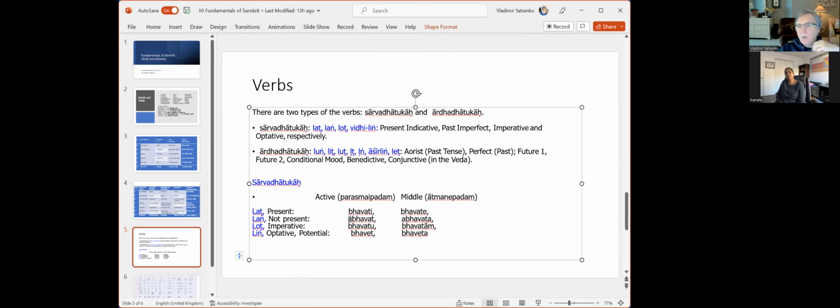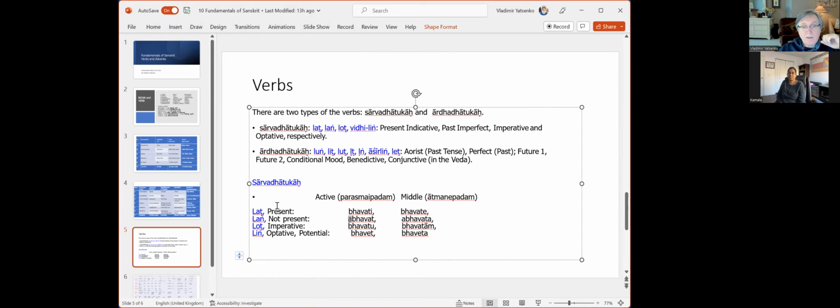So adjectives and nouns are so close in Sanskrit that sometimes you don't know how to even translate, in what way, noun or adjective. They are so close, and that is the original feature of Sanskrit.